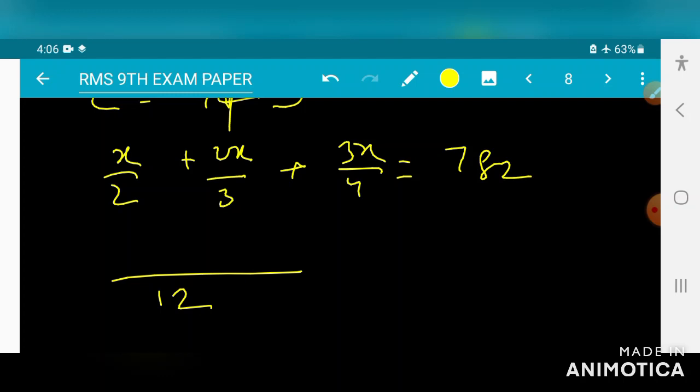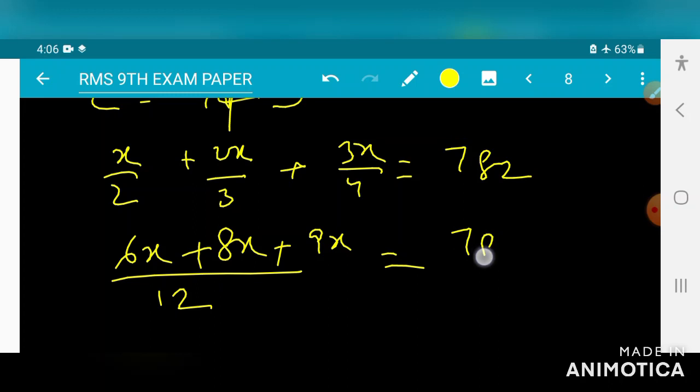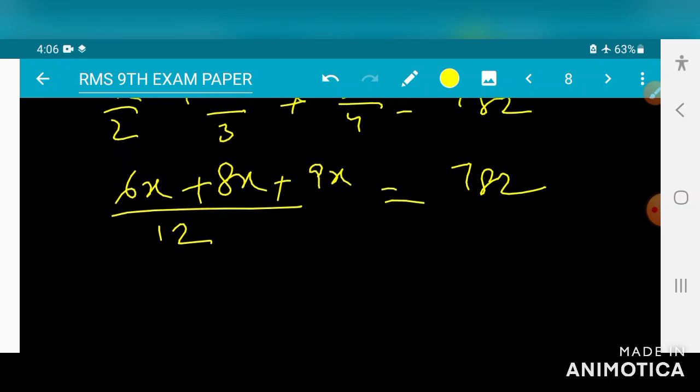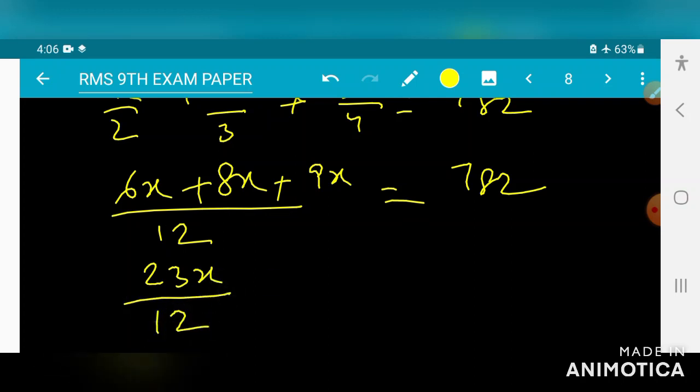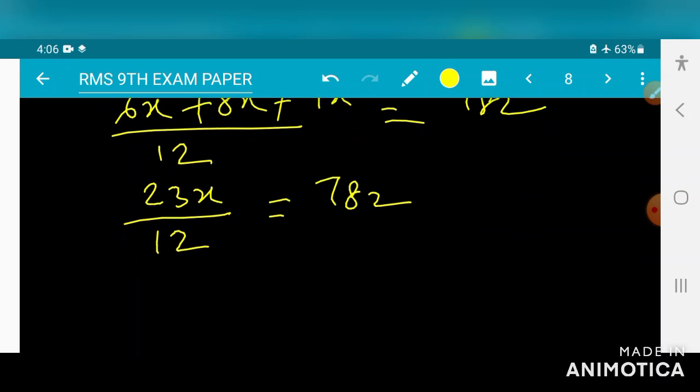So 6x plus 8x plus 9x is equal to 782. 6 plus 8 is 14, 14 plus 9 is 23. So 23x upon 12 is equal to 782.